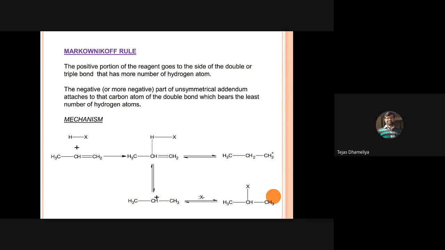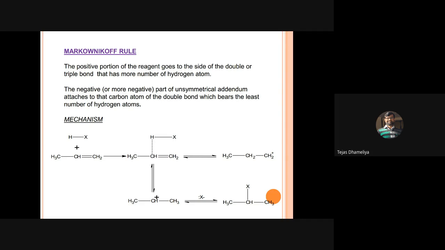What does the rule say? We have already visited this once; last time we saw a beautiful video available on YouTube, with the help of which we educated ourselves about the Markovnikov rule. What does the rule say? The rule says that when there is a reaction between an asymmetrical alkene and an asymmetrical hydrogen halide, hydrogen will be added to the carbon which is less substituted.